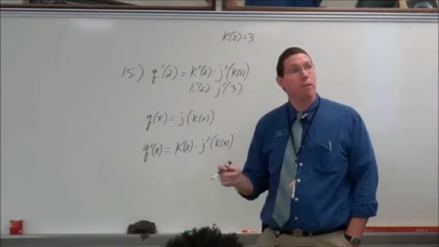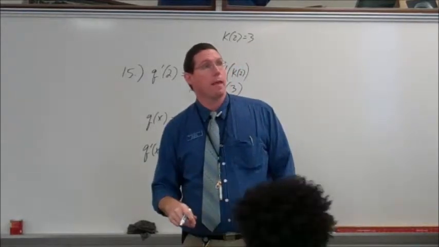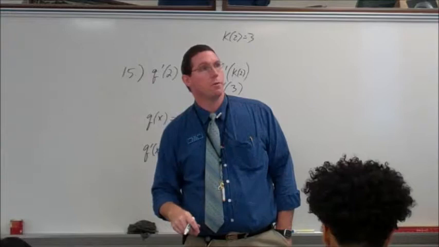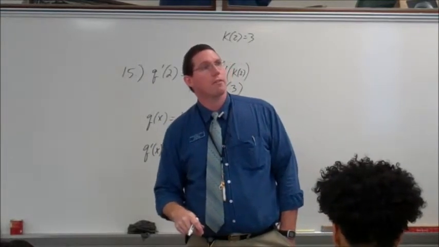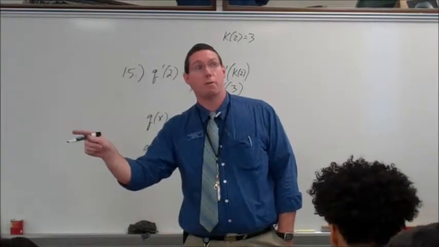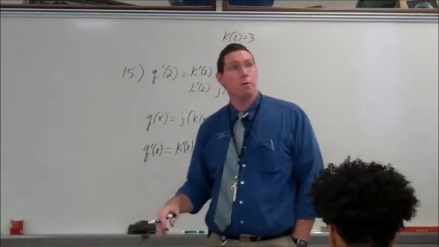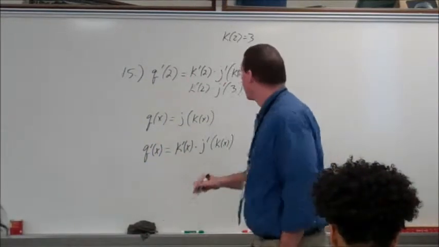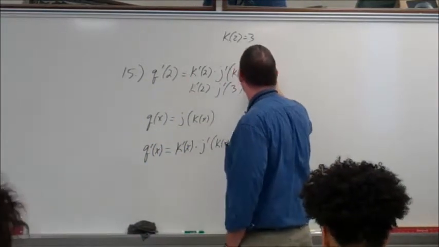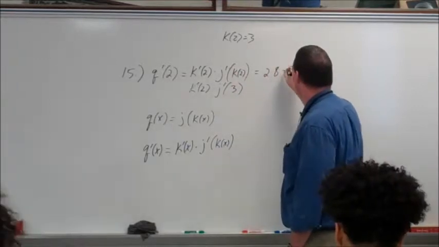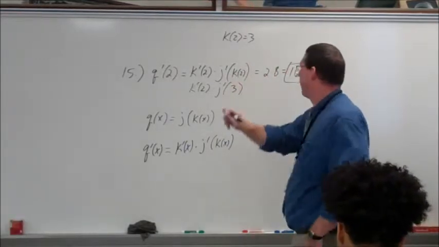J prime of 3, you're saying it's 8? That sounds right. And what is k prime of 2? I think it's 2. K prime of 2 is 2, and j prime of 3 is 8. So what we've got here is 2 times 8, so the answer is 16.